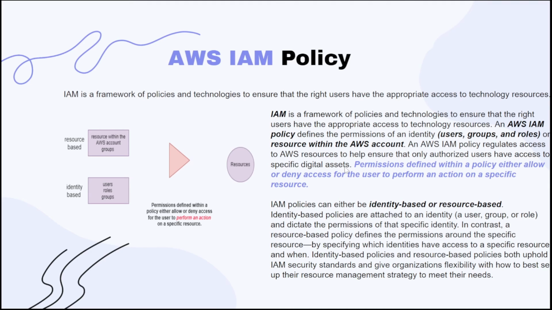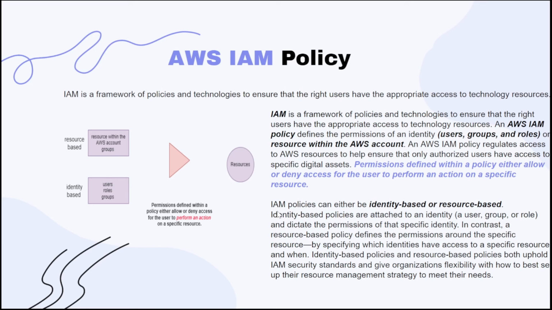So the permissions defined within a policy either allow or deny access for the user to perform an action on a specific resource. So we have a policy, and within that policy, we have the permission either to allow or deny access to perform an action on a specific resource, either to give you permission or not to perform an action.